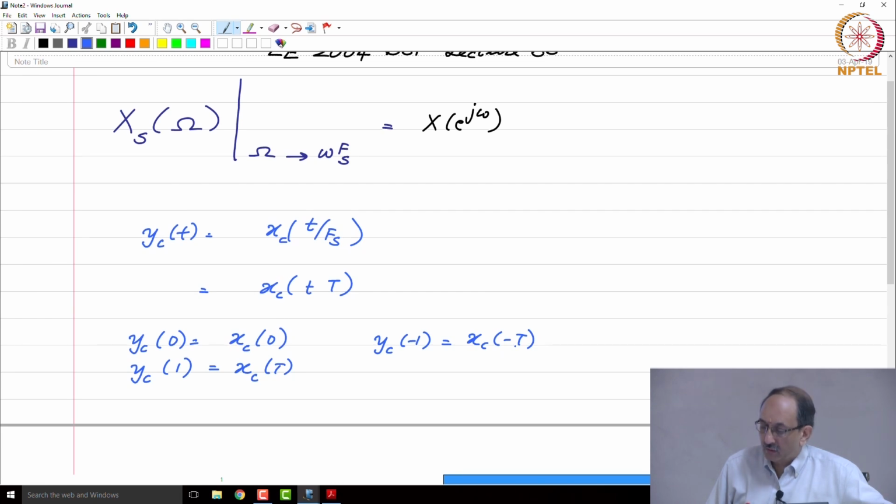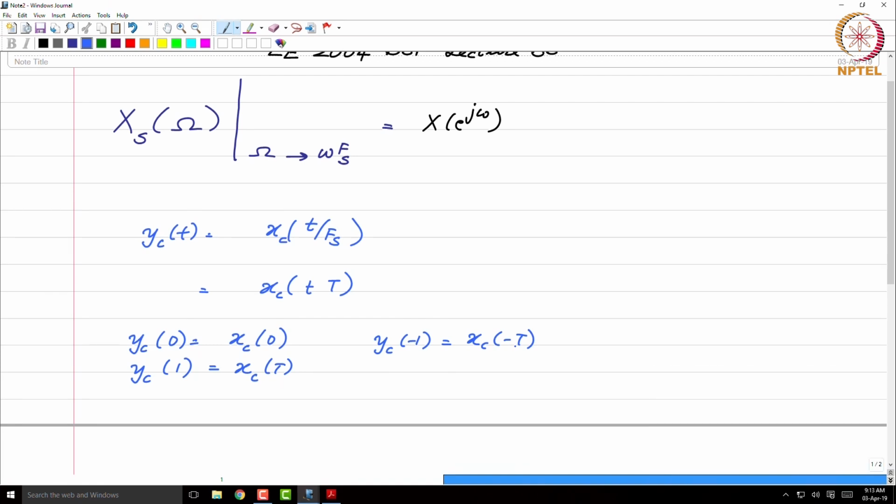Therefore, this compression by a factor of fs in the frequency domain leads to an expansion in the time domain, and the expansion is such that the samples that were originally cap T apart are now 1 second apart. So, everything falls in place, and this is consistent with the fact that the sequence samples are placed 1 apart, because the independent axis is little n, and the samples are 1 apart, 0, plus or minus 1, plus or minus 2.